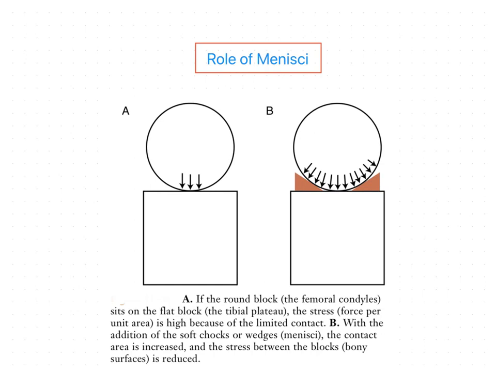Here, this one is the femoral condyle and this is the tibial condyle. Here no meniscus is present, so you can see the contact forces are very much less. In B, we have the menisci, and the femoral condyle sits on the menisci.